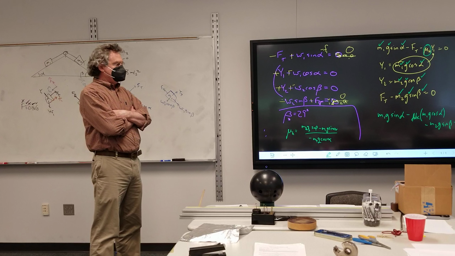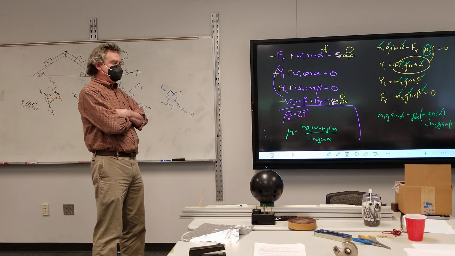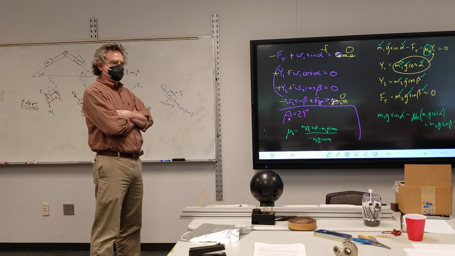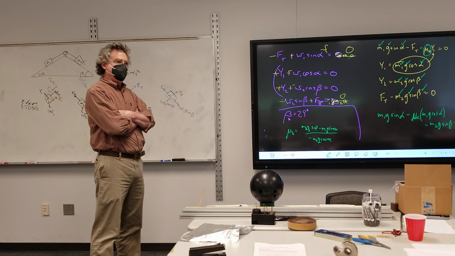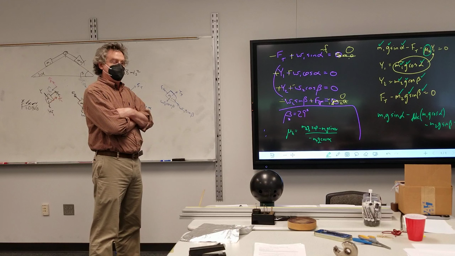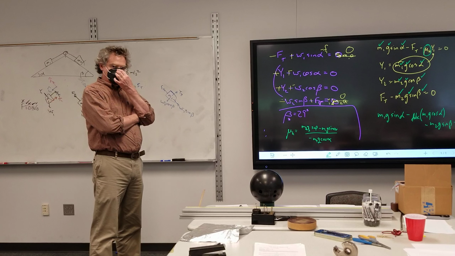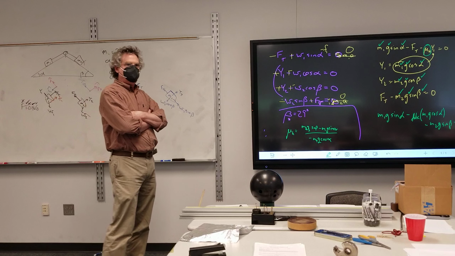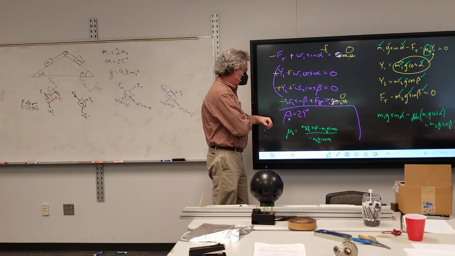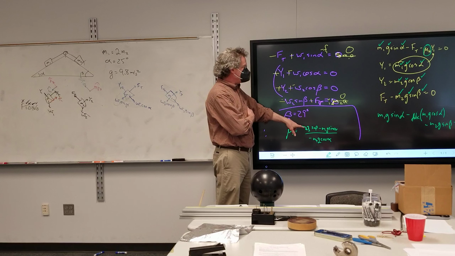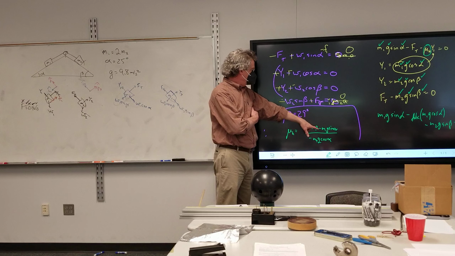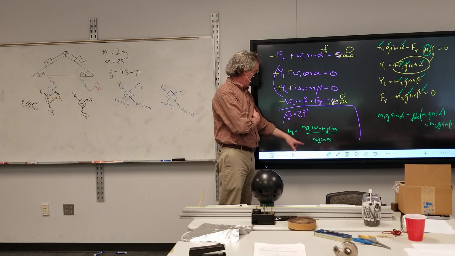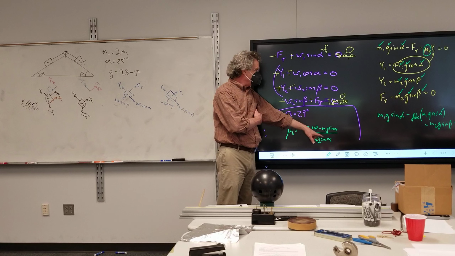I guess, Ethan, you're the one who begged to have this one done. Do you feel just like a little bit more of a complete human being now? Okay. I hope it's everything you dreamed it would be. Does that say M2G sine beta minus M1G sine alpha over negative M1G cosine alpha?